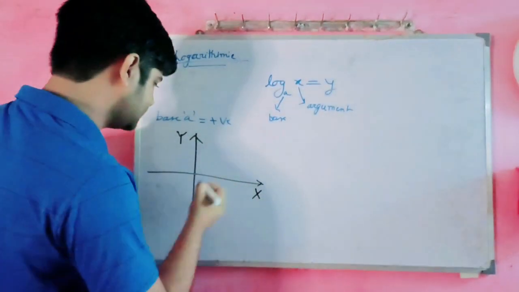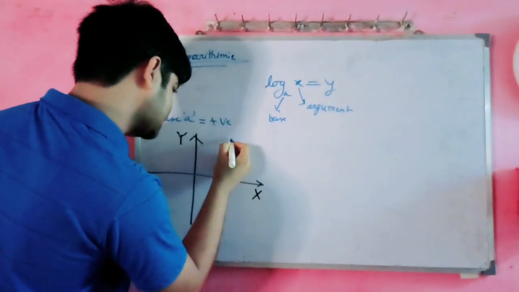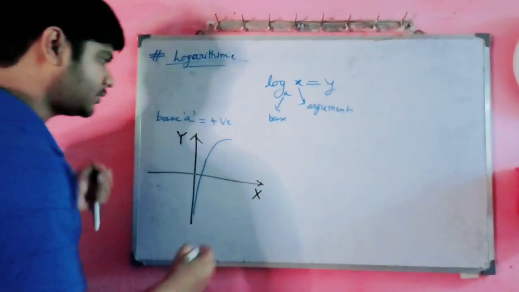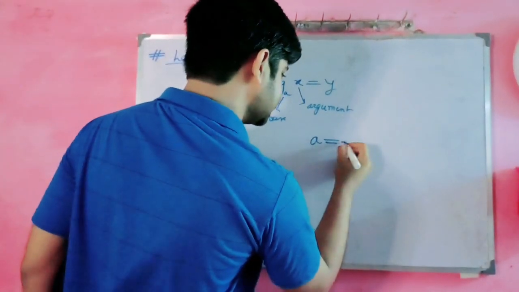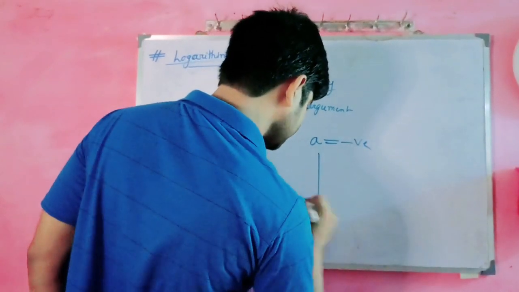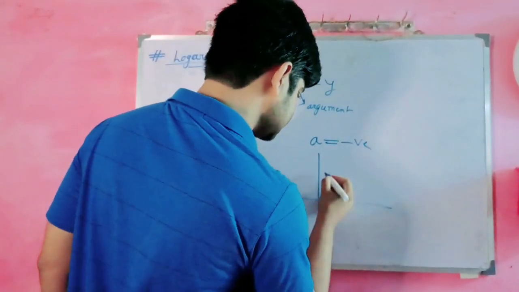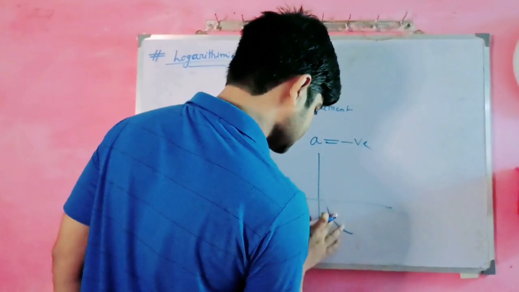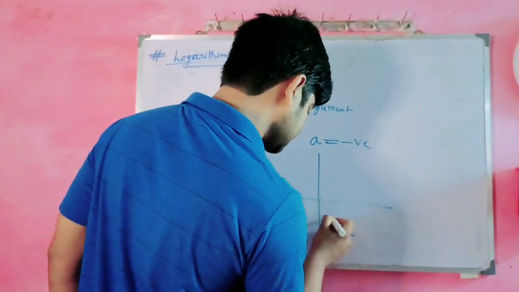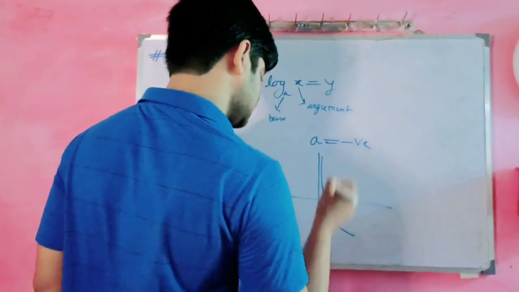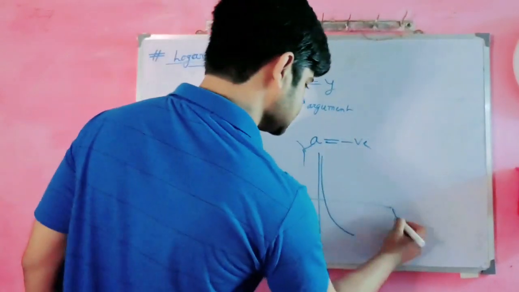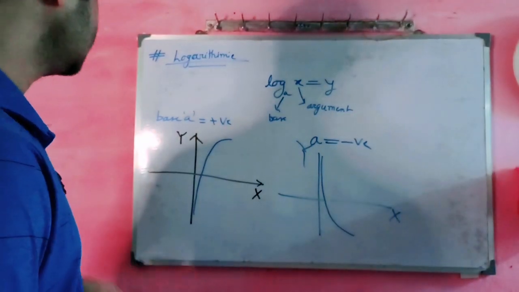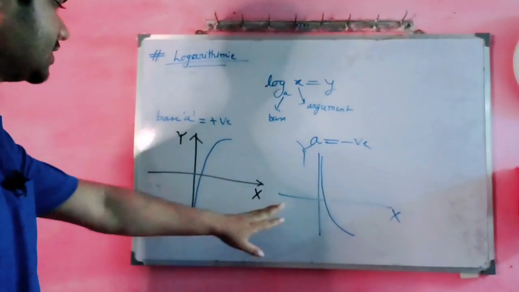The graph is something like this, but when a is negative, then the graph looks like this. Sorry, the graph looks like this. This is y and this is x. These are the logarithmic graphs.